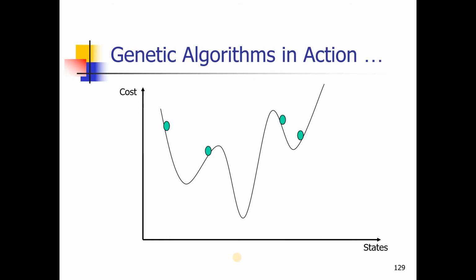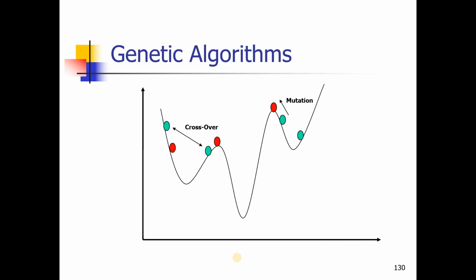This is our typical state space. Randomly we have selected 4 states or chromosomes. When we perform the reproduction, you see some of them perform crossover, in other places crossover and mutation occurs, or maybe only mutation.